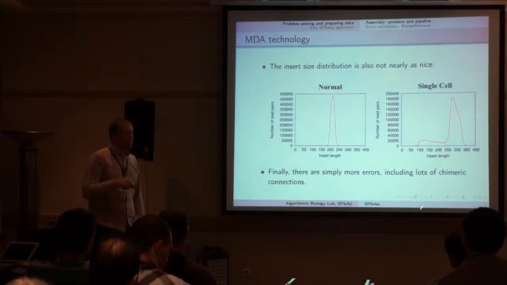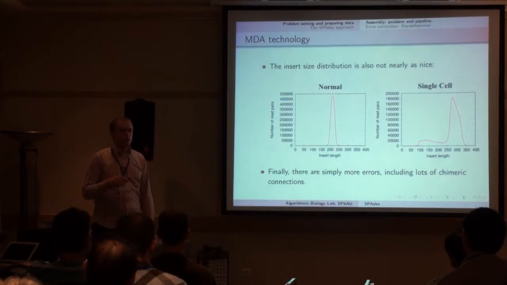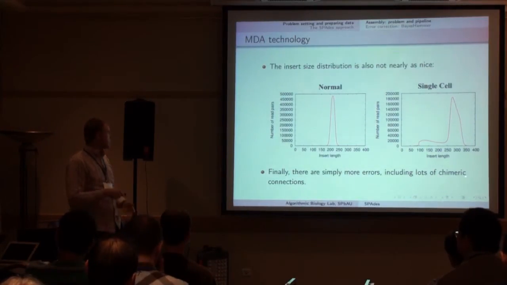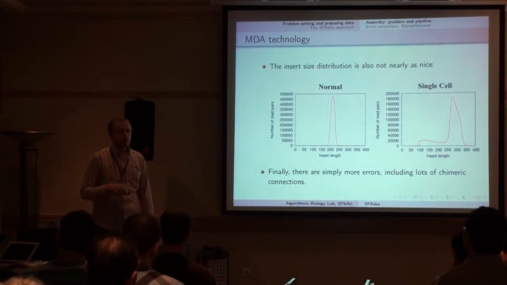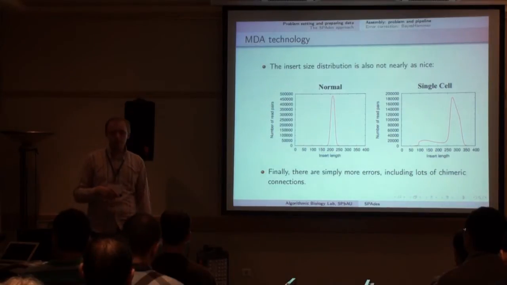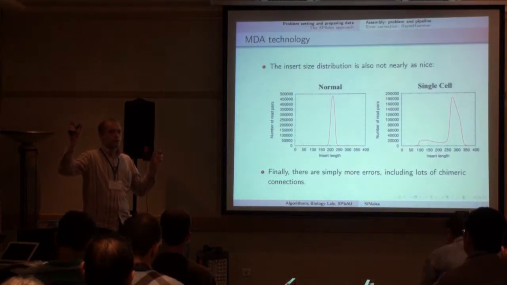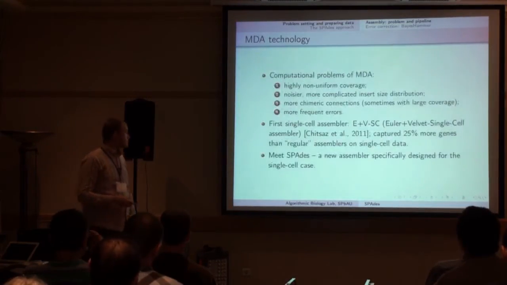Finally, there are simply more errors. There are more random mutations in the data, but also lots of so-called chimeric connections. A chimeric connection is when a read or a read pair joins up two far-off parts of the graph, and this greatly complicates the analysis.